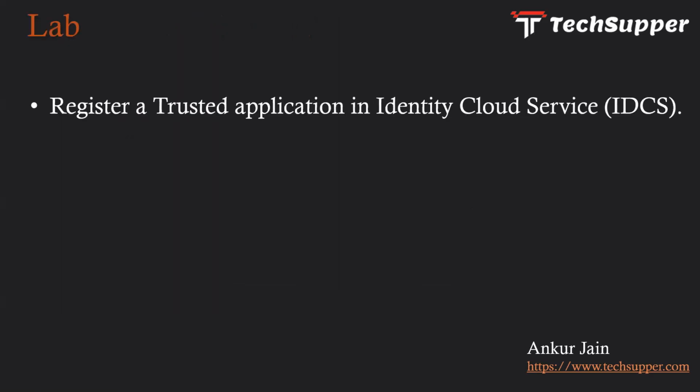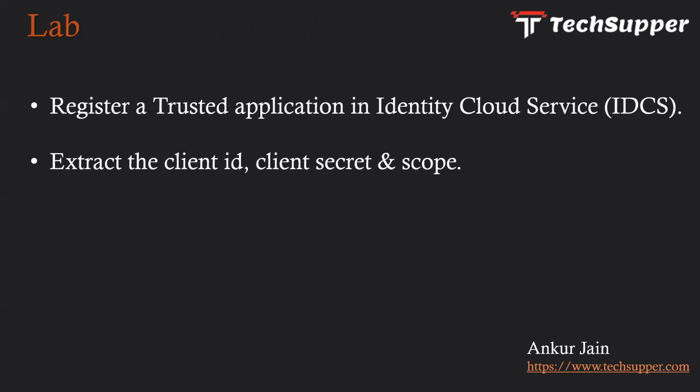Now, in this video, we are going to cover a lab. First of all, I have to register a trusted application in Identity Cloud Service, which will give me a client ID and client secret. Once the application is registered, it will provide me the client ID, client secret, and the scope.